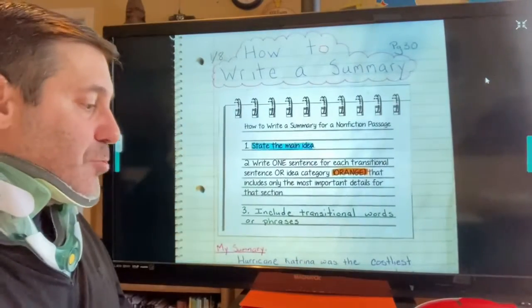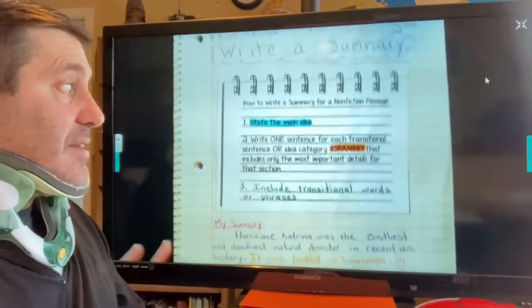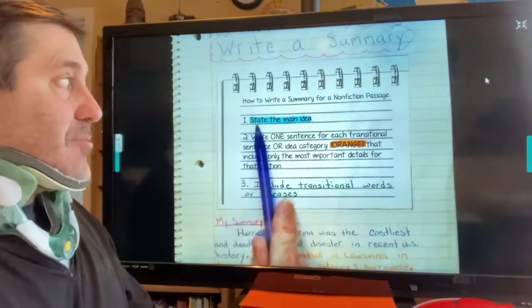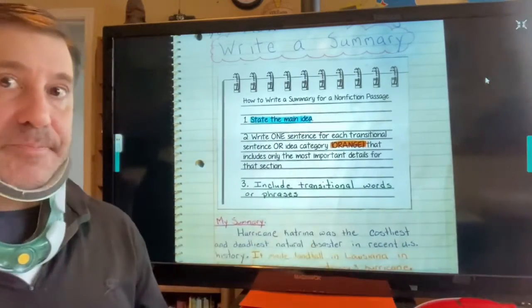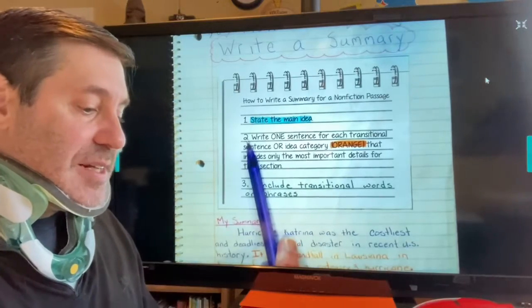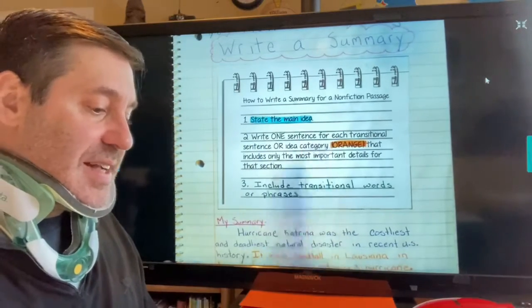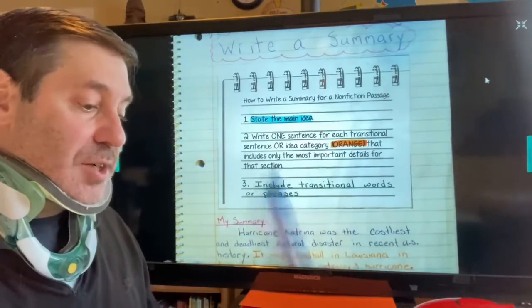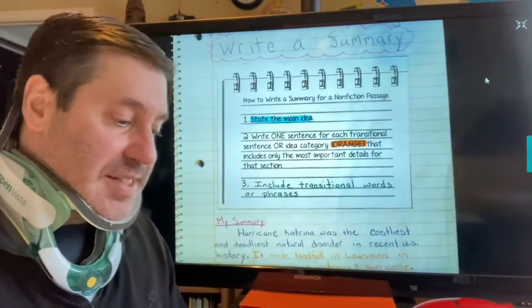Now, last week, we learned that there are 3 steps to writing a summary. One thing that we need to do is state the main idea. The second thing we need to do is to write 1 sentence for each transitional sentence or idea category that includes just the most important details.